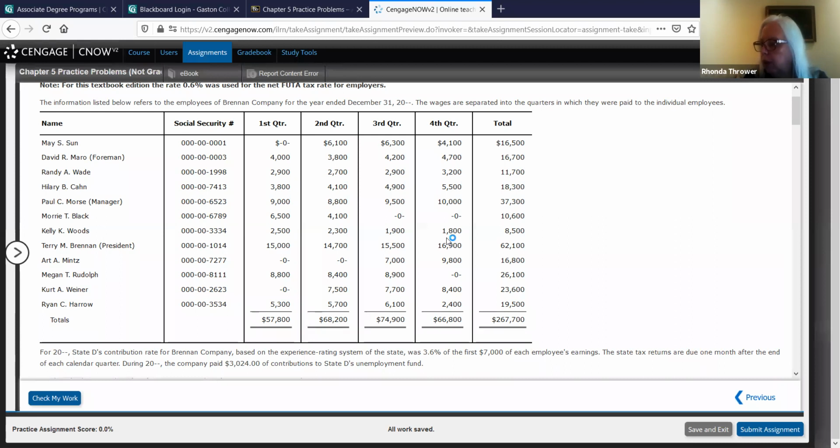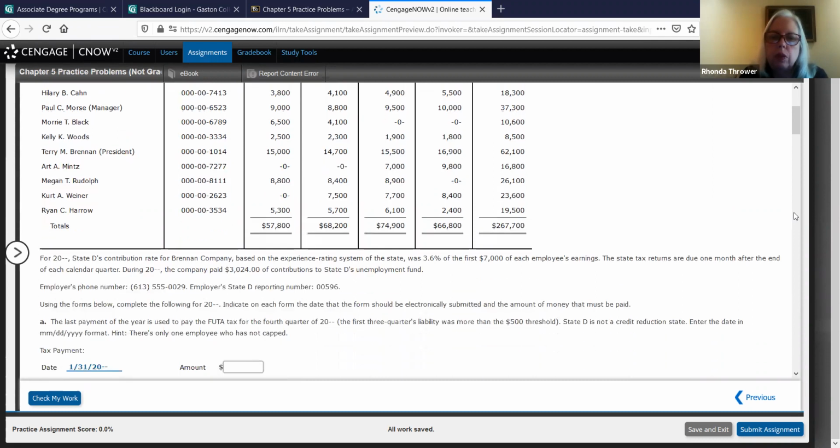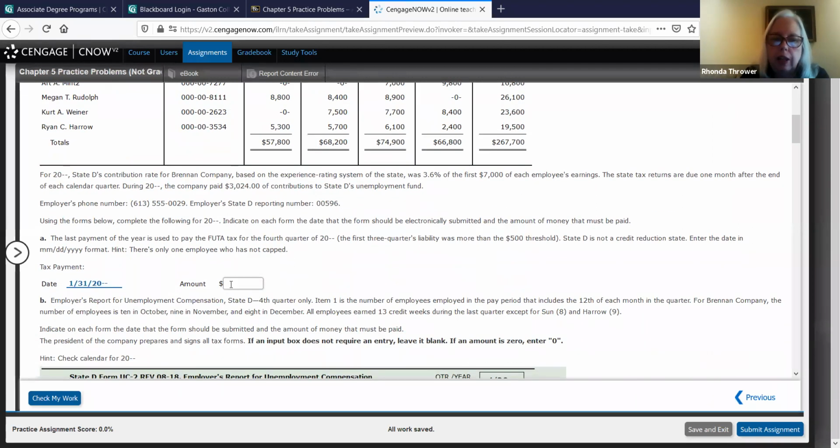So I will multiply 300 times the FUTA tax rate, which is 0.006, and the amount of FUTA taxes that I owe in the fourth quarter is $1.80.